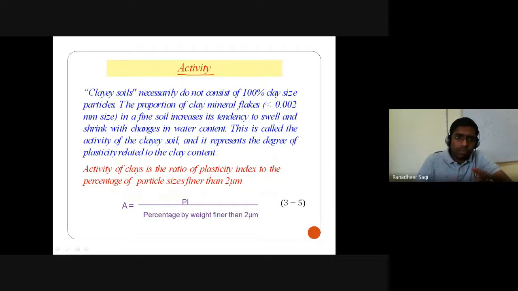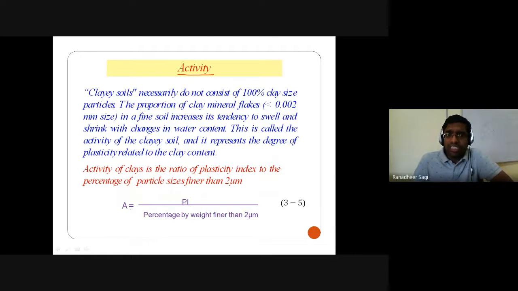For such soils, which have more or less tendency of swelling characteristics, if I want to know what tendency of swelling characteristics that particular soil is exhibiting, we need to determine what is called the activity. Activity is nothing but a number that we determine for a given soil.